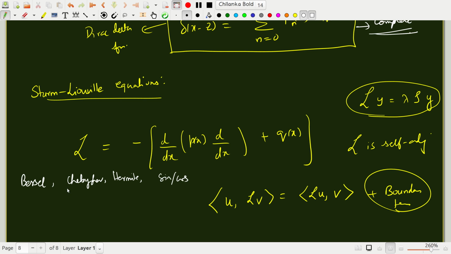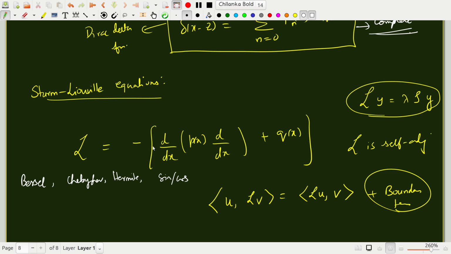They are all self-adjoint provided you choose the boundary terms to be 0, and therefore in all these cases you get orthogonal eigenfunctions.